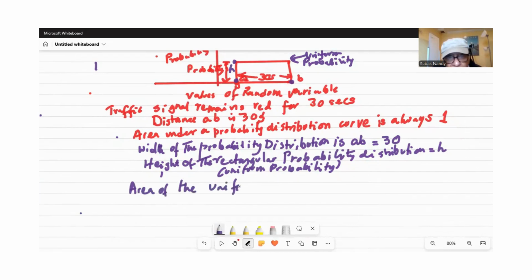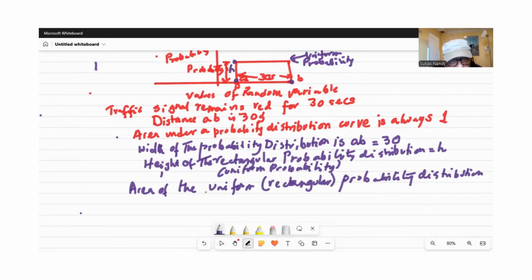In this case, the rectangular probability distribution has area equal to width multiplied by height. My width is 30 and my height is h.